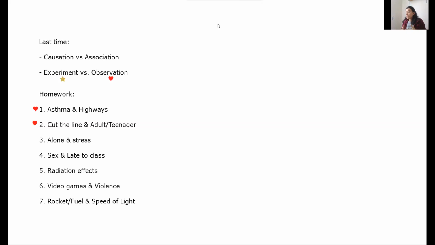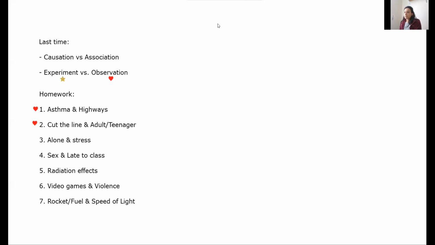Maybe the adults are reacting less, not because they're less reactive, but because they have more experience, or they react more because they are more subject to stress or something like that. But the defining factor is not the age, it might be something else that is associated with age. So you can't distinguish the age, or the fact of being an adult versus a teenager, to be the cause of the reaction once somebody cuts in line.